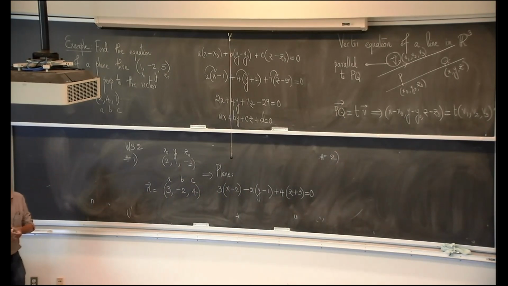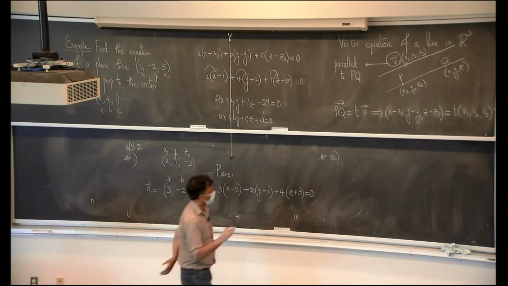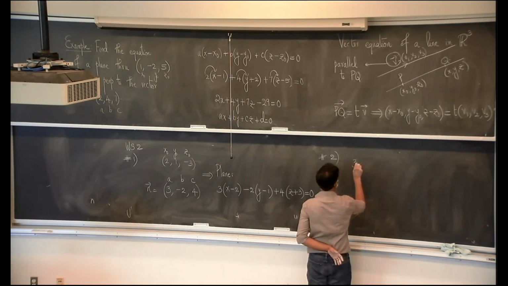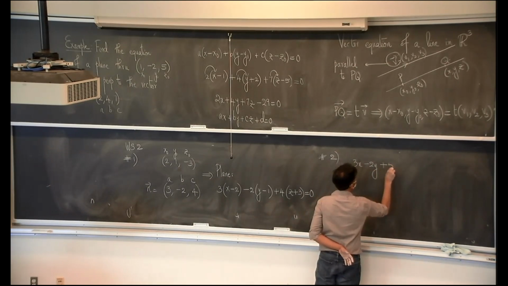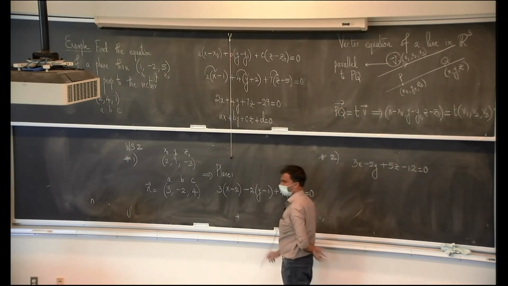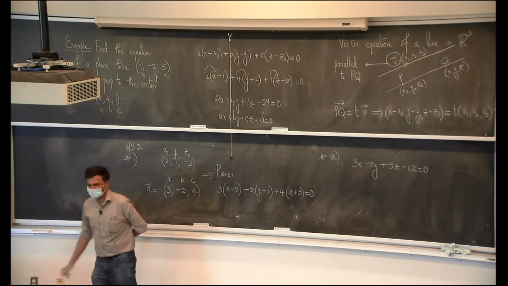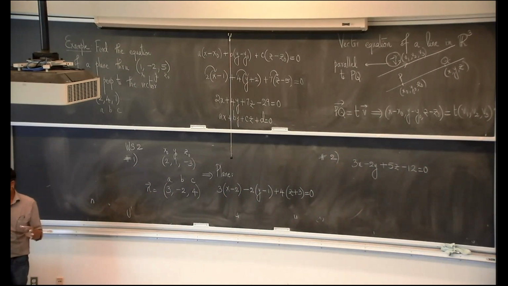Find a non-zero normal vector to the plane 3x minus 2y plus 5z minus 12 equal to 0. Now, this shouldn't take any work. You should be able to just look at that and tell me the answer.